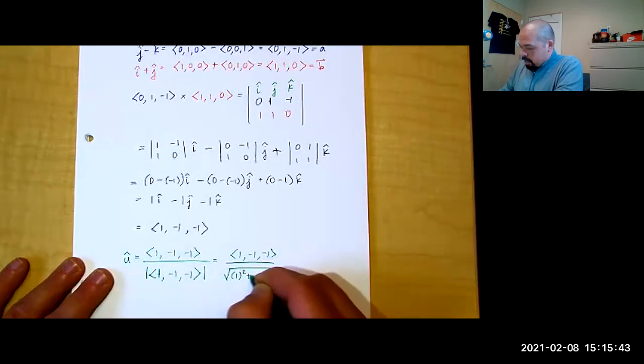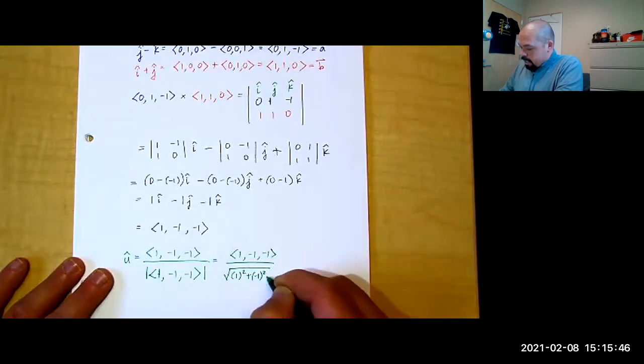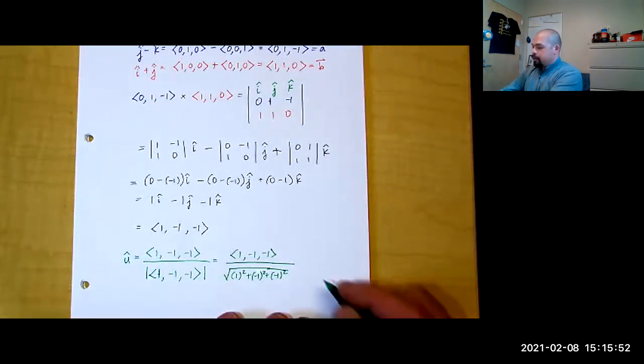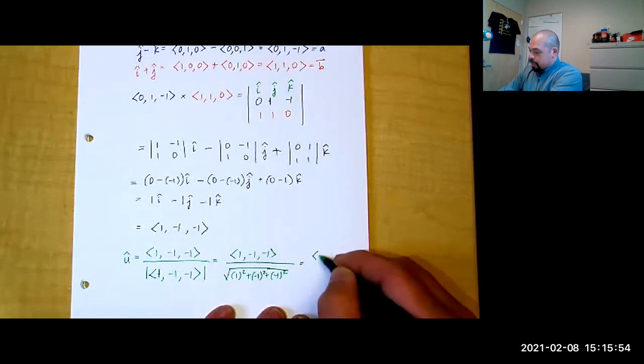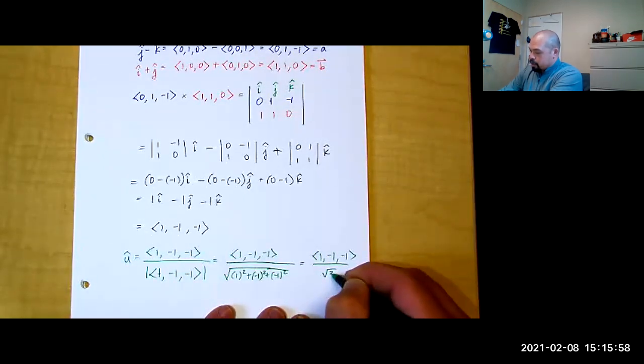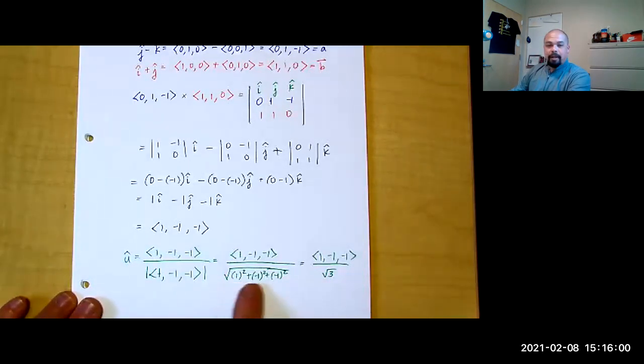Taking those components squared, adding, and putting those underneath the square root. Right? So that's 1, negative 1, negative 1 all over the square root of 3. 1 squared, negative 1 squared, negative 1 squared: 1 plus 1 plus 1, 3.